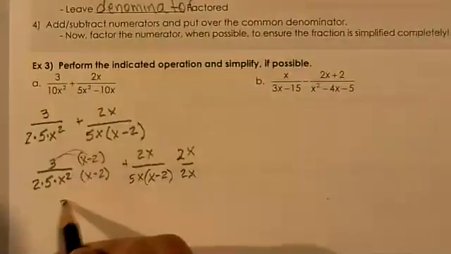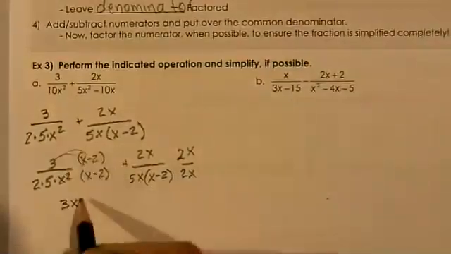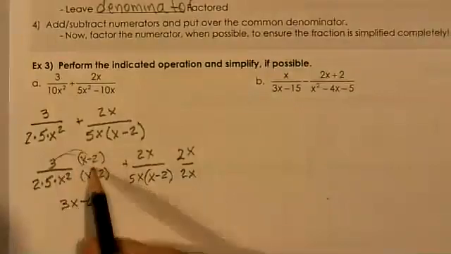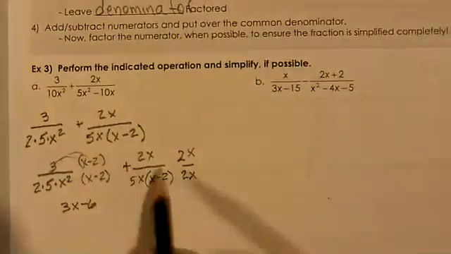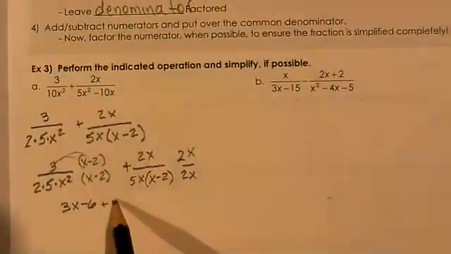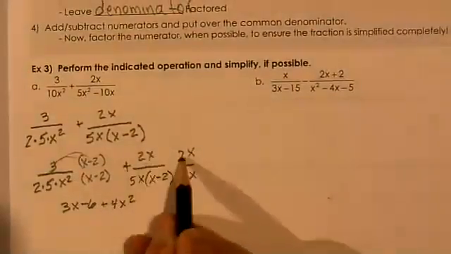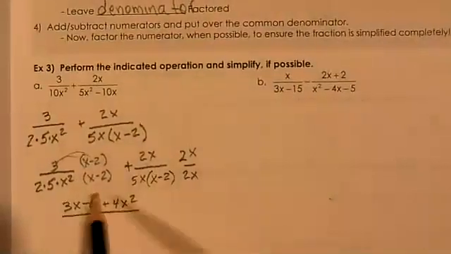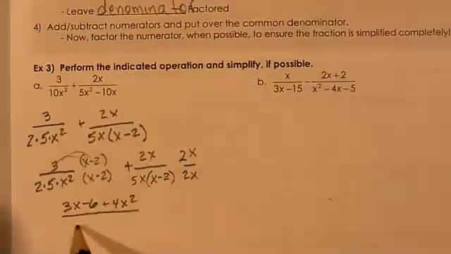Now it said that we would collect like terms, and we're adding it to positive 4x squared, and our denominator is going to be 10x squared times x minus 2.